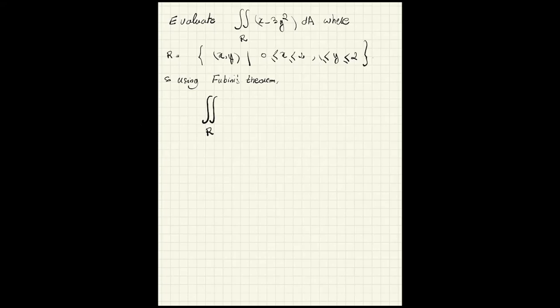So this integral here, x minus 3y squared, is given by the formula: the integral where we do it as dy dx, so y here is from 1 to 2, and then x is between 0 and 2.